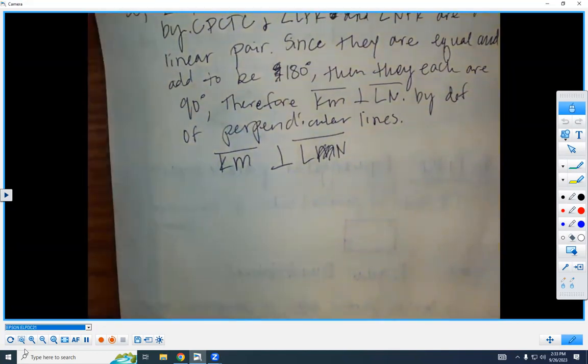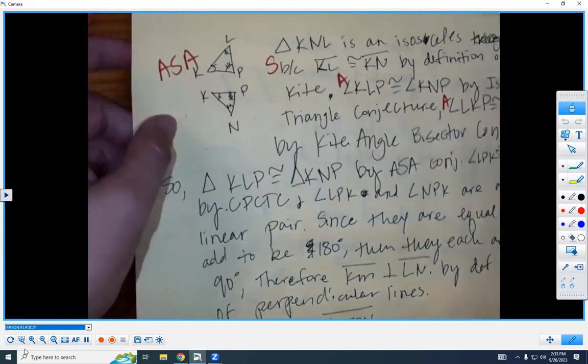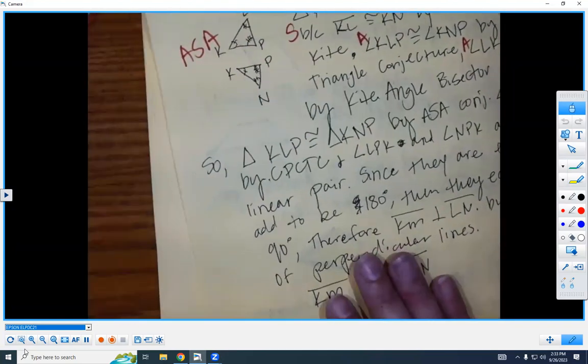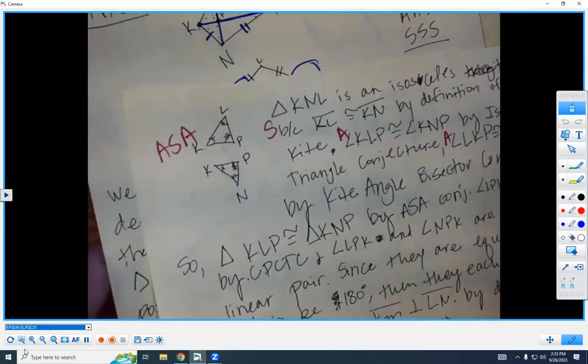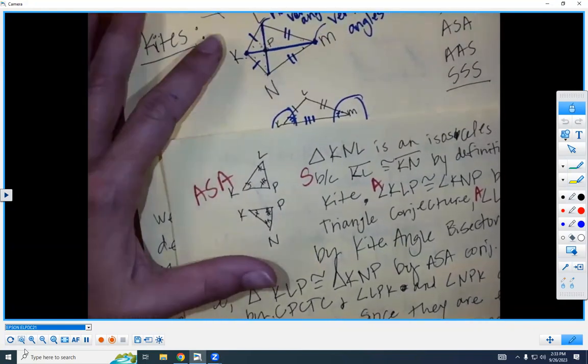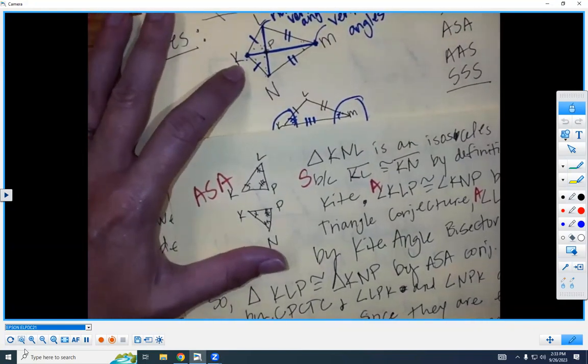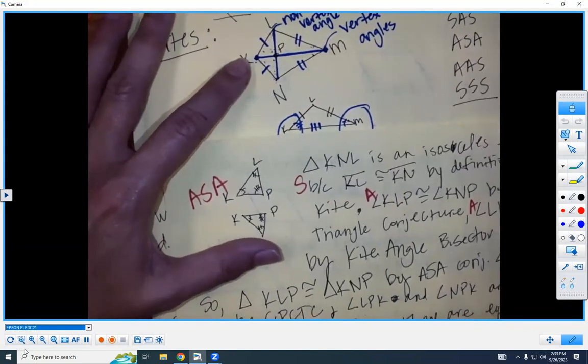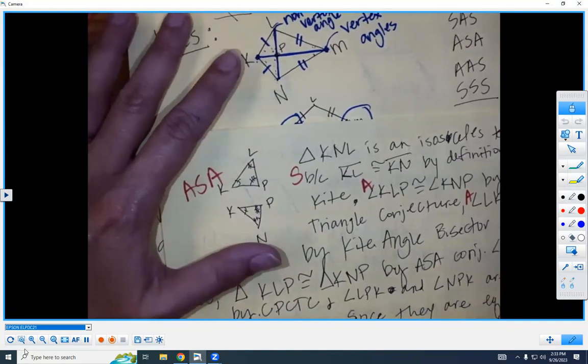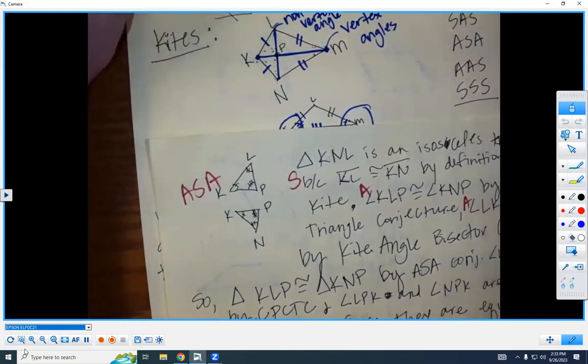Could we not have just proven that by saying that lines KL and KN are congruent, LM and NM are congruent, and that lines KN and LN bisect, doesn't that automatically make it perpendicular? Can you start over? I have to look at it and I didn't have my picture.